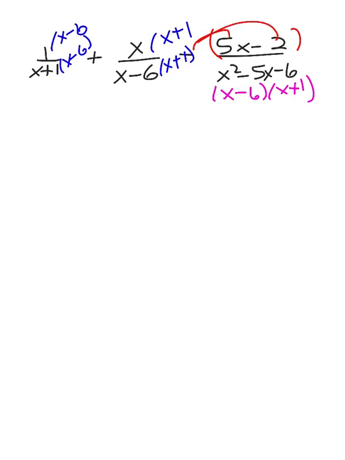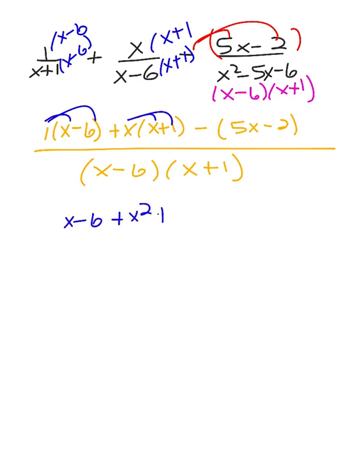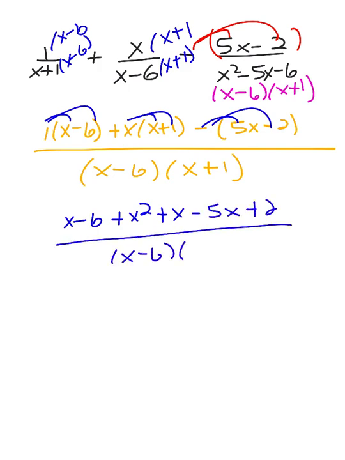Okay, so let's see what we have here. I have 1 times (x minus 6) plus x times (x plus 1) minus (5x minus 2), all over (x minus 6)(x plus 1). I'm going to distribute the 1, I get x minus 6. Distribute the x, I get x squared plus x. Distribute the negative, I get negative 5x plus 2, over (x minus 6)(x plus 1).